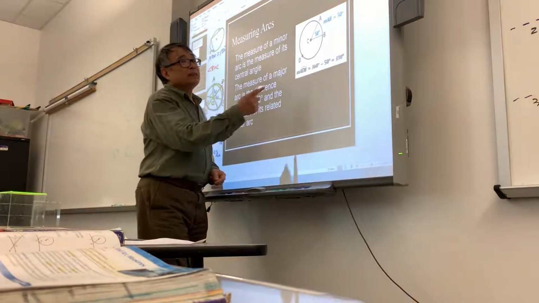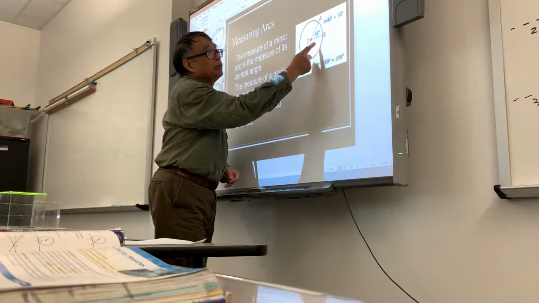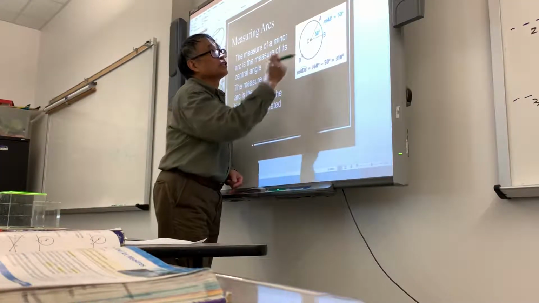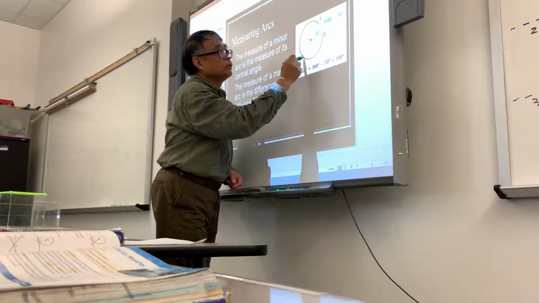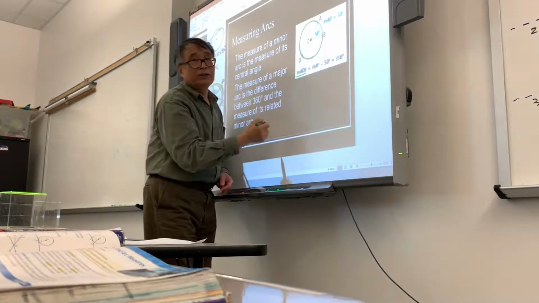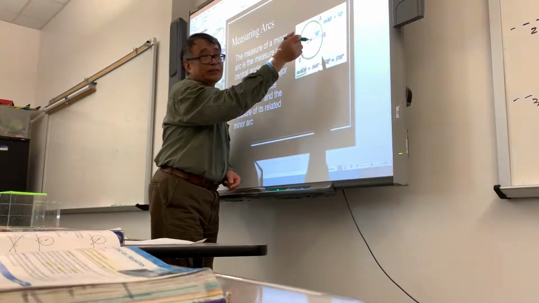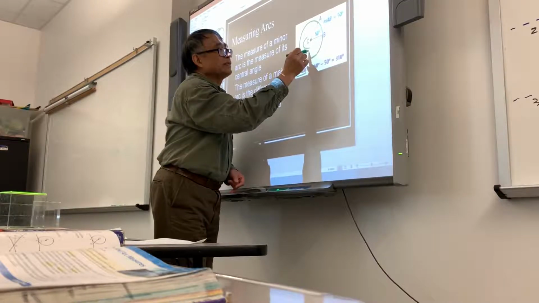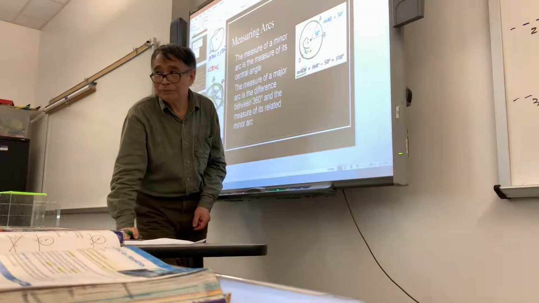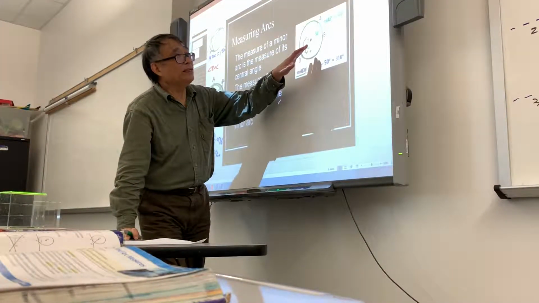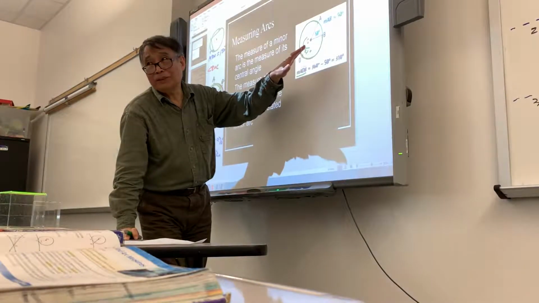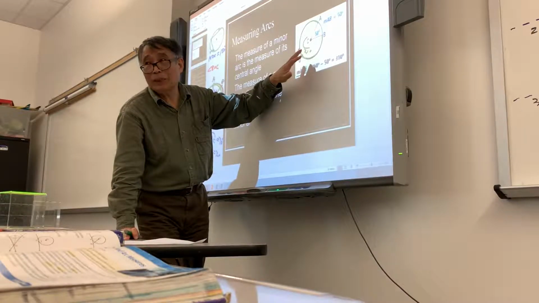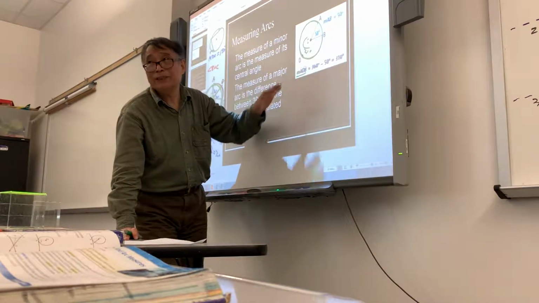For instance, arc ADB means arc from A through D to B. ADB is 360 degrees minus 50 degrees, so this one should be 310 degrees. Do you understand, please? The opposite arc measure should be 310. 310 degrees, this is major or minor? Major, okay, please?